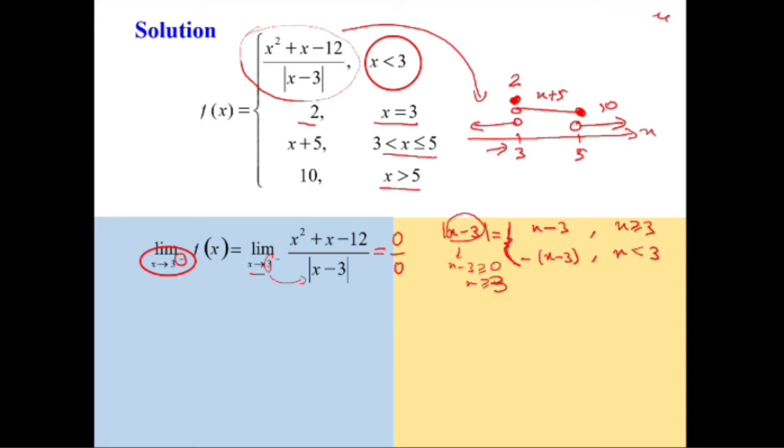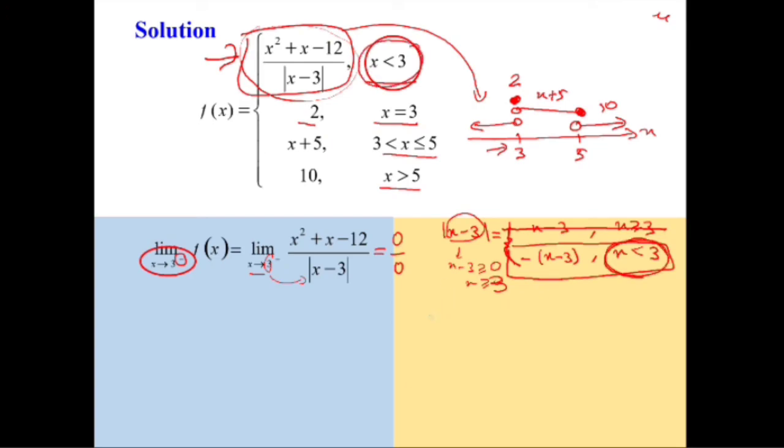After you have separated your absolute function, x minus 3, into a piecewise function, take a look at your domain for the first function. The domain is x less than 3. So this means that this whole function only exists from the left of 3. This means we only take the negative part of the piecewise function, not the positive side, because we only look at x less than 3.